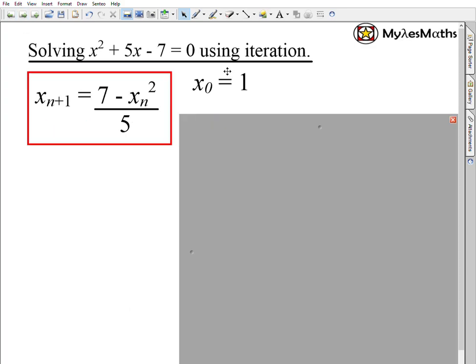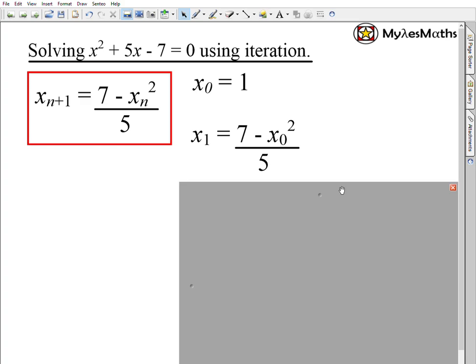So let's look at how we would use this. If we're going to solve this particular equation, we're going to pick an initial value of x0 equals 1. We call it x0 because it's the initial value, and we haven't done any iterations.